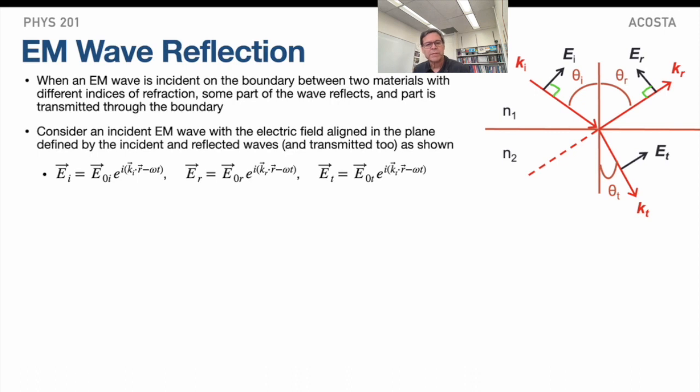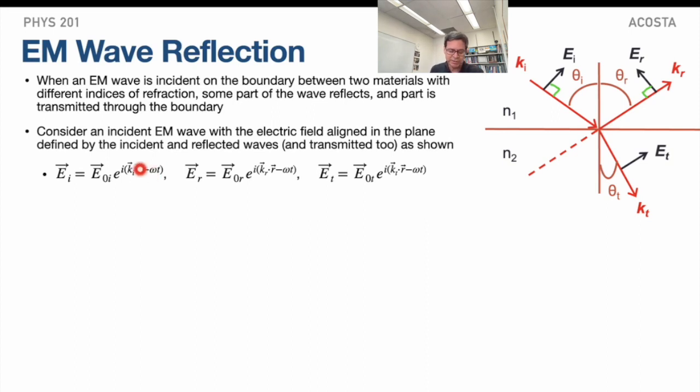Okay, mathematically we can describe these traveling waves with the complex exponential notation. So my incident wave has some incident amplitude and direction. And then it's e to the i ki dot r, where ki and r are vectors, the incident wave vector and the position vector r, minus omega t, or minus i omega t when you multiply into the binomial.